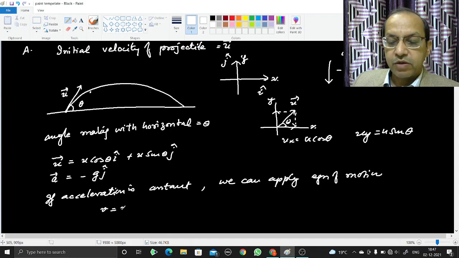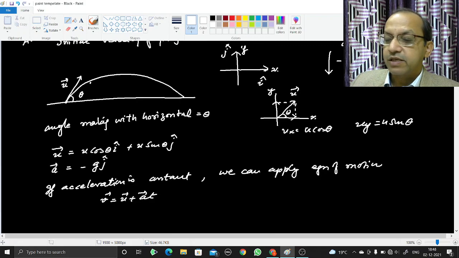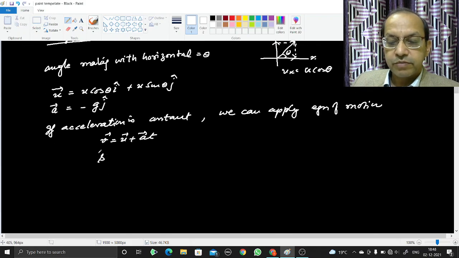What are these equations of motion? v equals u plus at, with vectors. The second equation is s equals ut plus half at squared. The third equation is twice a dot s equals v dot v minus u dot u.